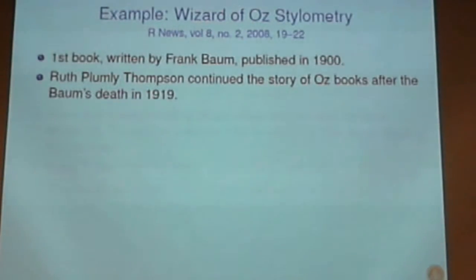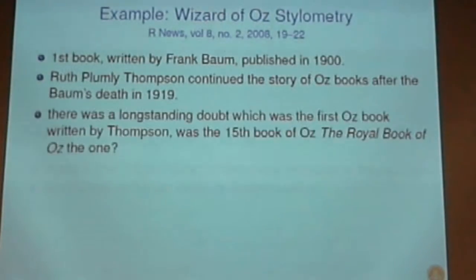And the 15th book was the one long suspected to have actually been written by Ruth Thompson. The first Oz book written by Thompson was actually book 15. Now I think it is generally accepted that she is indeed the author of the book.